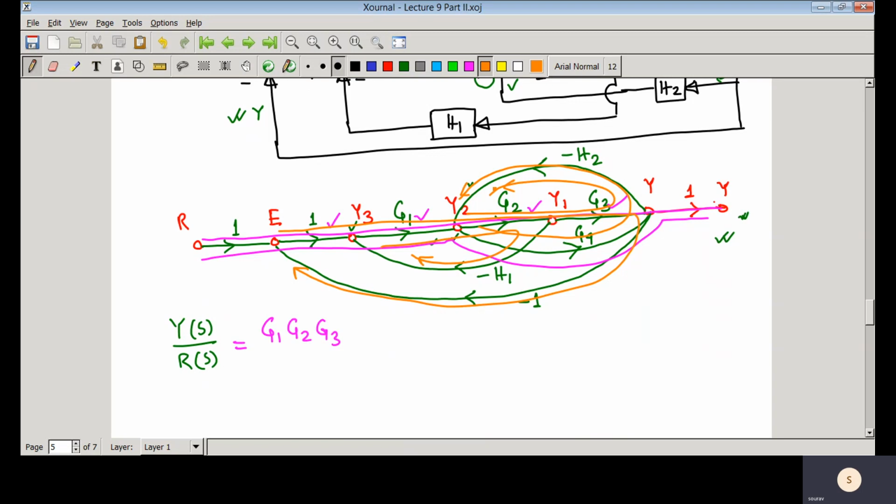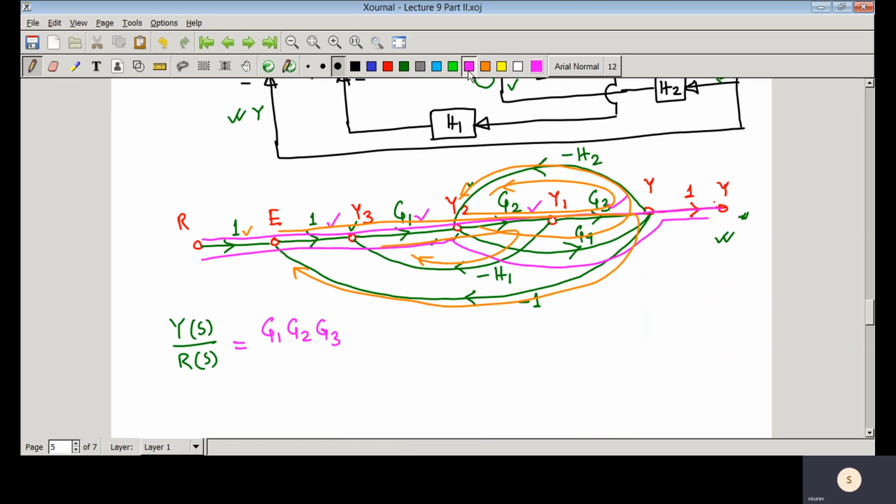You can see that there is no loop which is a non-touching loop with respect to the forward path. So the first forward path has gain G1 G2 G3.